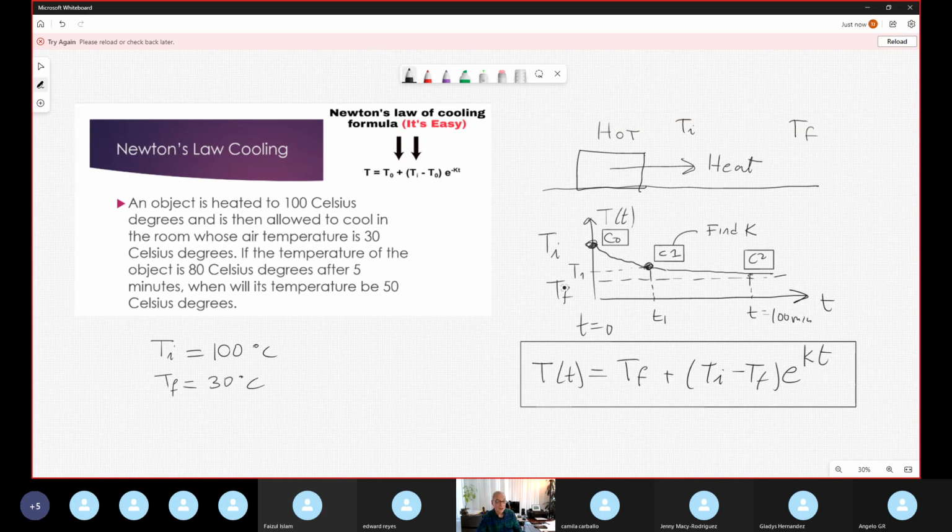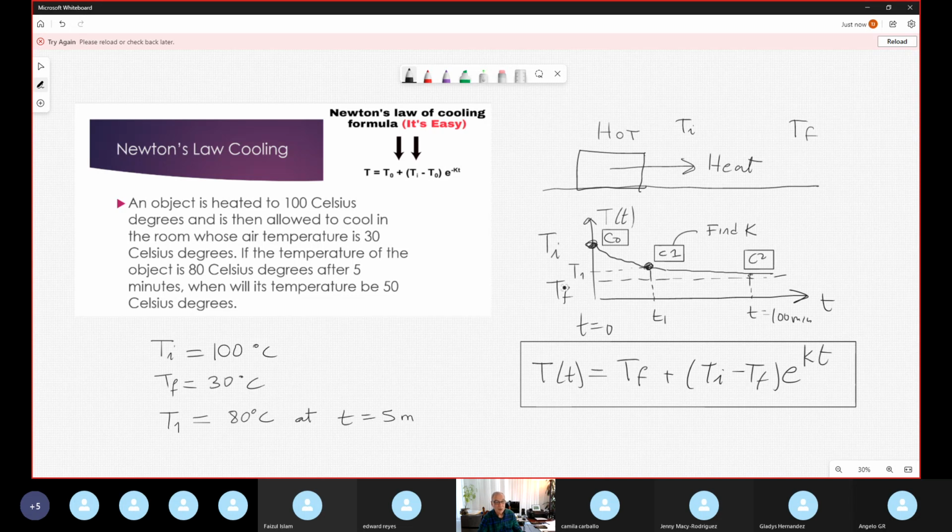All right, now complementary information. If the temperature of the object is 80, so one temperature is given, I want to call it T1 is 80, of course an intermediate value between 100 and 30, at 5 minutes, t equals 5 minutes.